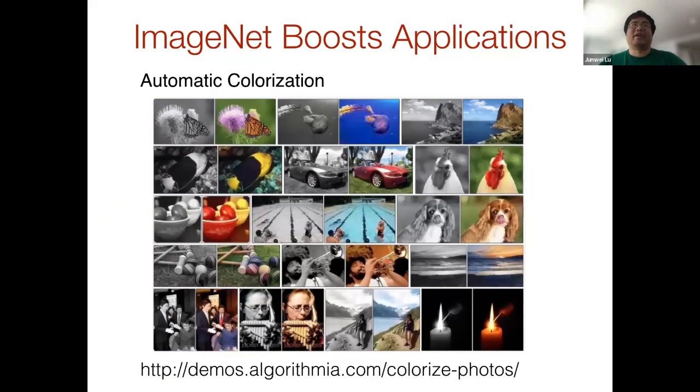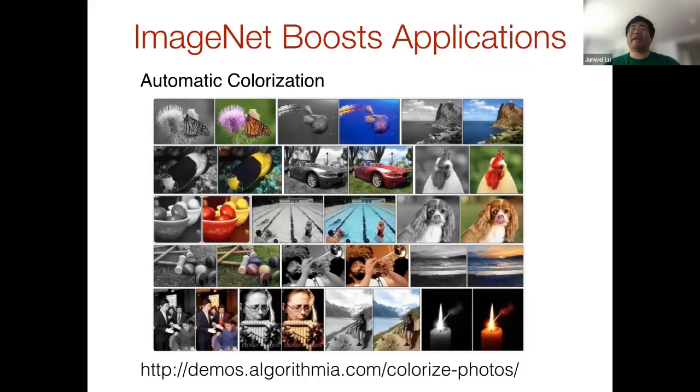Another application is called automatic colorization. It's like a reversal, right? It's very easy to make a colorful image grayscale. You just delete all the colors, but the reverse is quite complicated. It's not only about adding colors to the image, because the algorithm needs to understand what is the cloud, what is the sky, what is the background, what is the foreground, and the swimming pool.